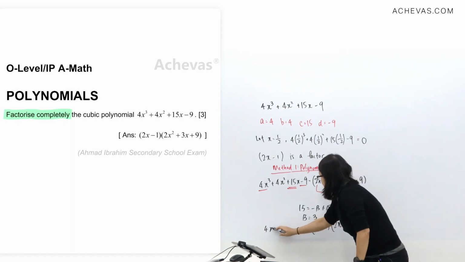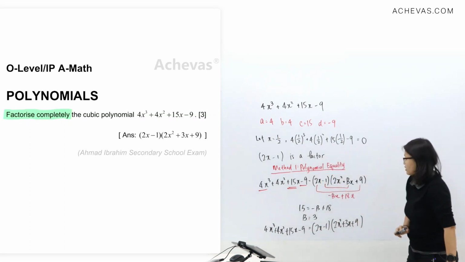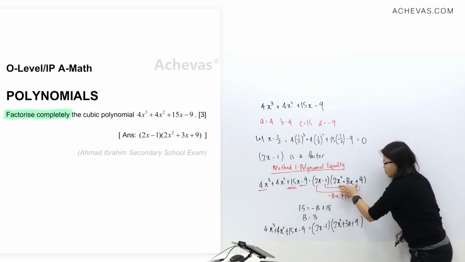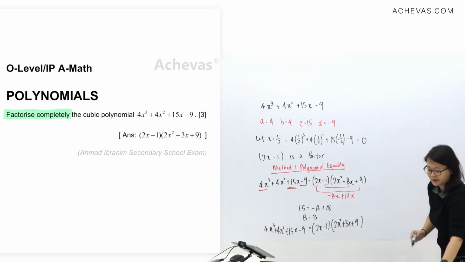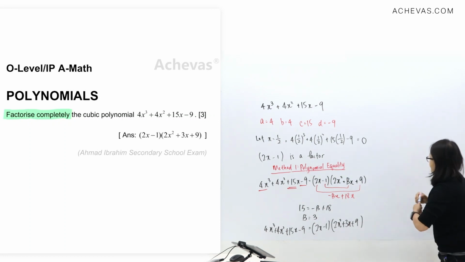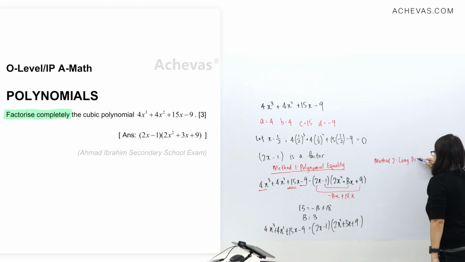The front is the cubic polynomial. We have successfully factorized a linear factor and a quadratic factor. Let me show you method 2 first before I continue this part of the question. Method 2, you can use a long division.